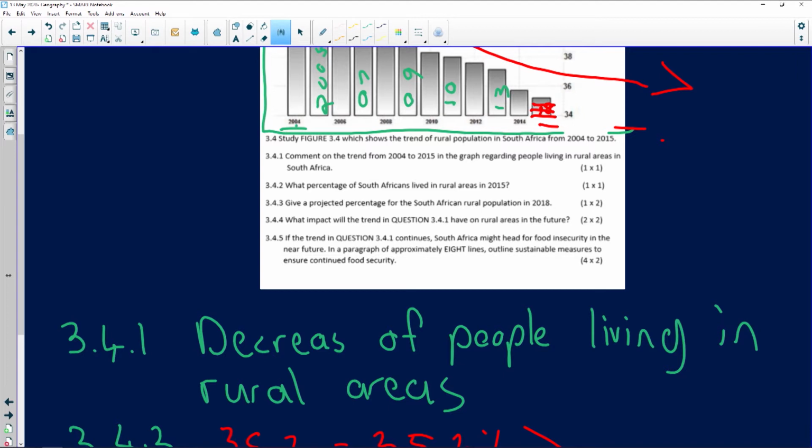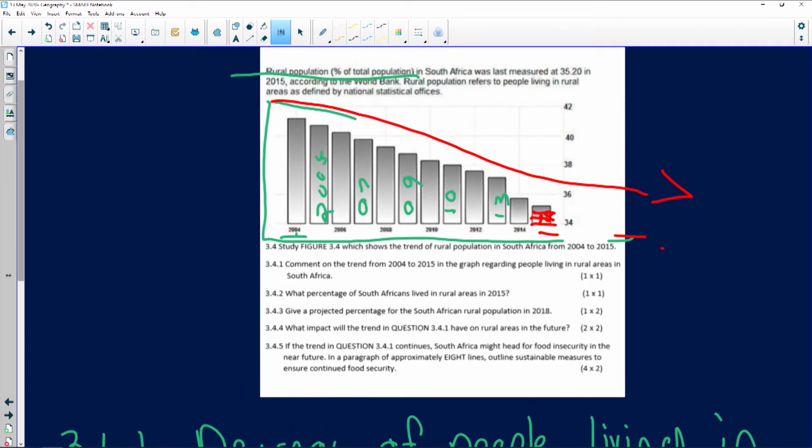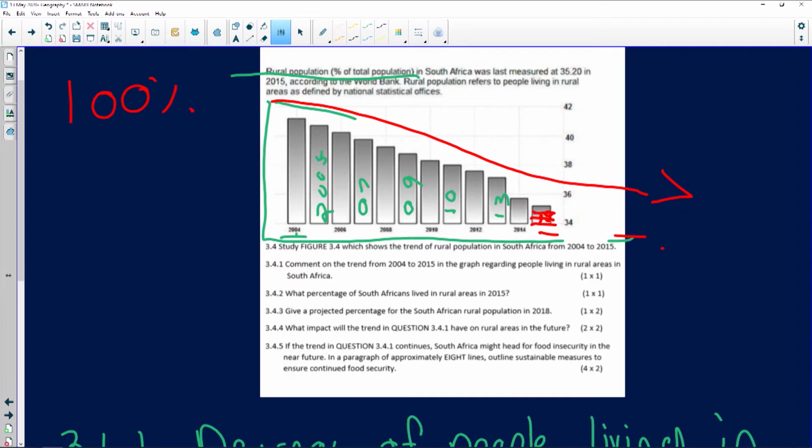If we look at question 3.4.4, what impact will the trend in question 3.4.1 have on rural areas in the future? Let's quickly go back to our percentages. Keep in mind, we're talking of a population of 100%. So what's going to be left in 2018?